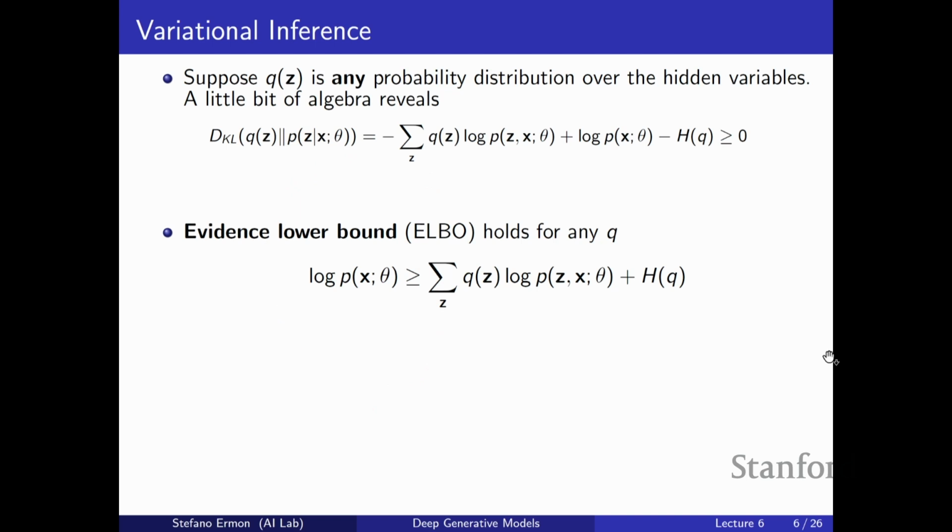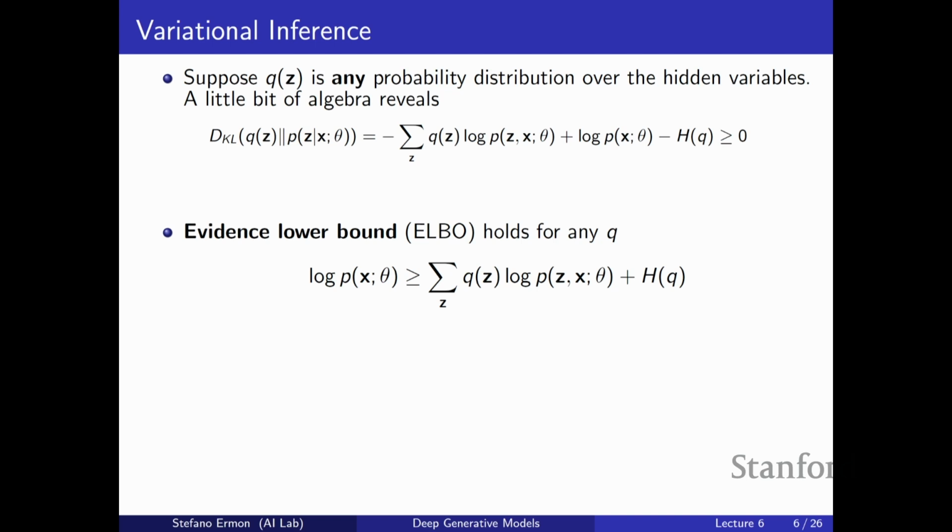You get that the log marginal probability of a data point is lower bounded by the same expression that we had before. So this is another derivation of the ELBO that just leverages the non-negativity of KL divergence. This derivation is nicer because it actually shows you how loose or how tight this lower bound is.